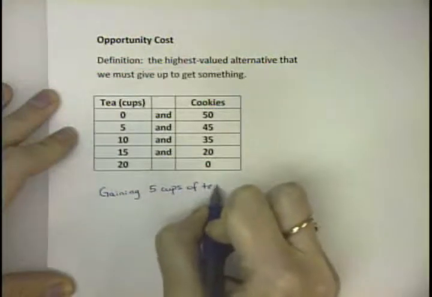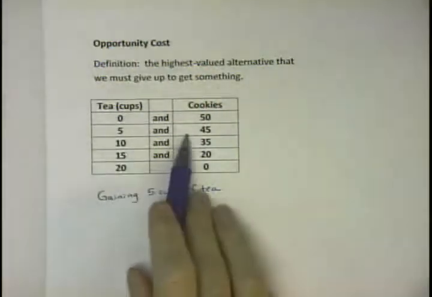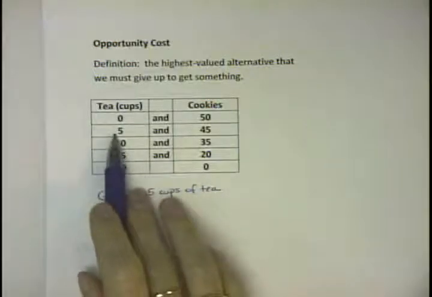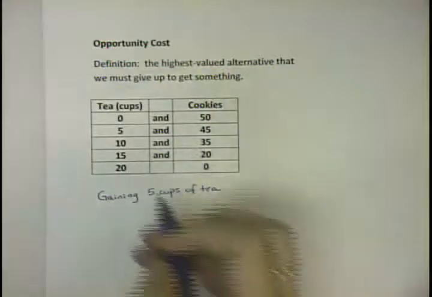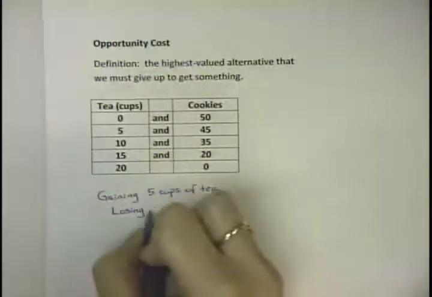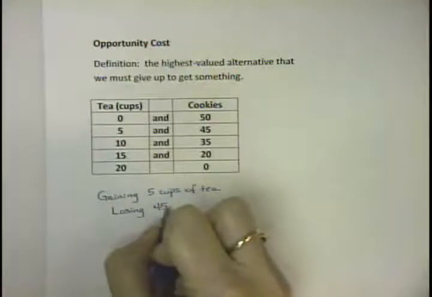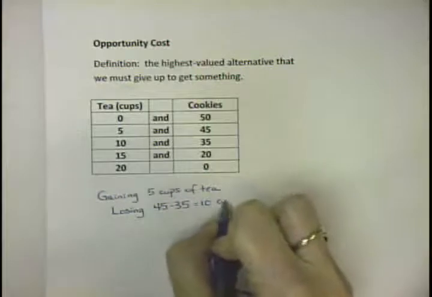Okay, but in order to do that, we're using resources, and when we use resources, we have to give up something else. So what we're going to have to do is we're going to give up cookies. So here we're gaining 5 cups of tea, but we're going from 45 to 35 cookies. So we're losing 45 minus 35, which is 10 cookies.